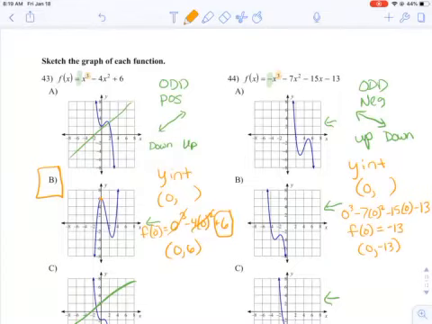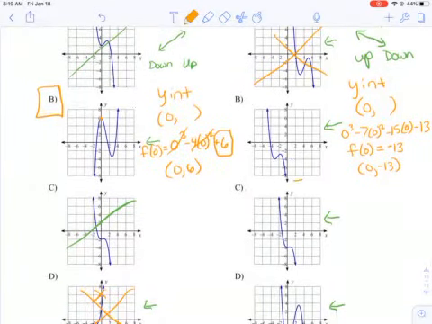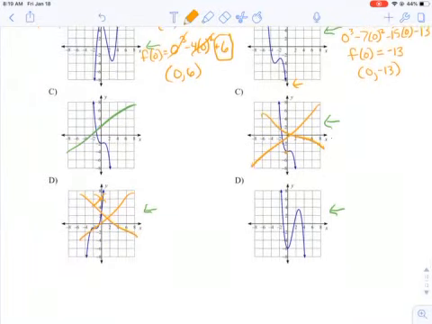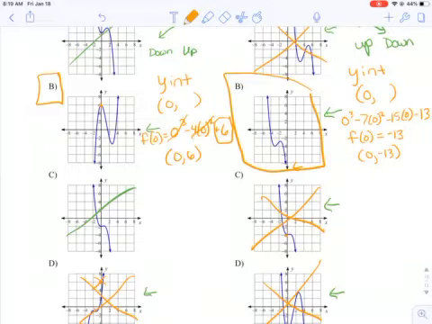So this guy is going to hit up here somewhere. So this is not going to hit down there. This guy might hit down here somewhere. So this is a possibility. This guy hit at negative 4, so this is not going to work. This guy hit at negative 6, so this is not going to work. So this is the only one that had the possibility to hit at negative 13. So that is the one that I would have picked.